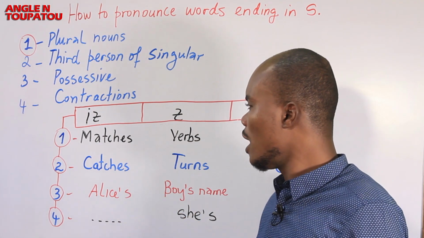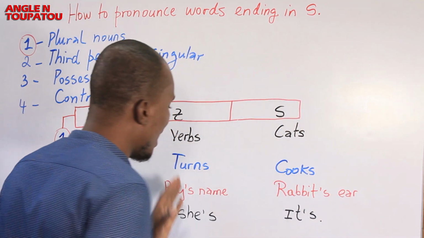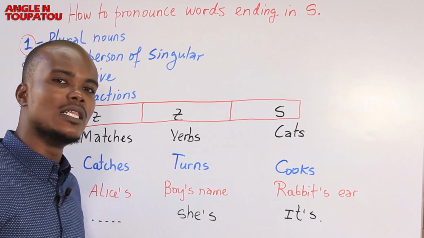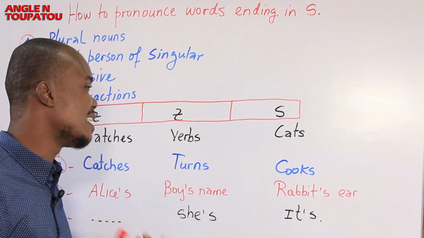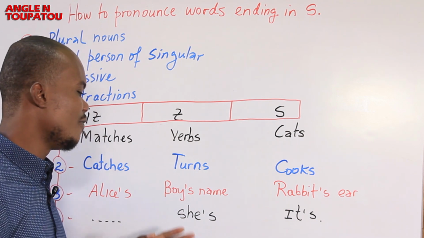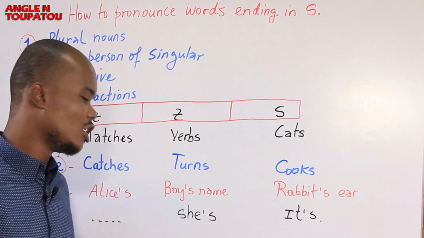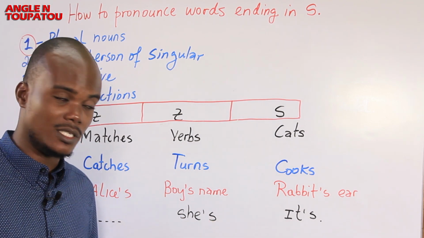Let's see. Here, I don't have an example, but here I have an example where the letter S can give a Z sound. If I say she's, you can see here that the letter S gives a Z sound.